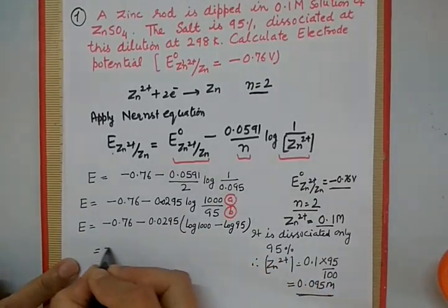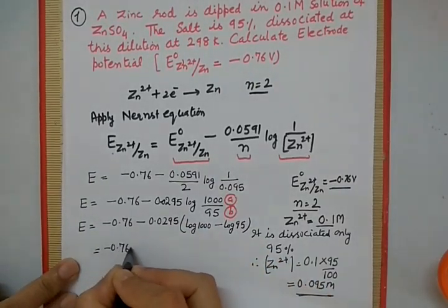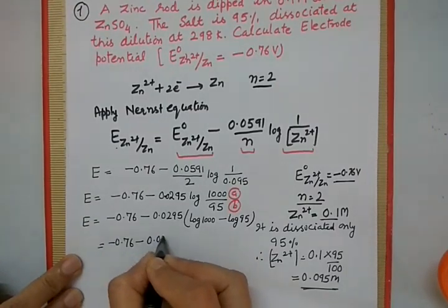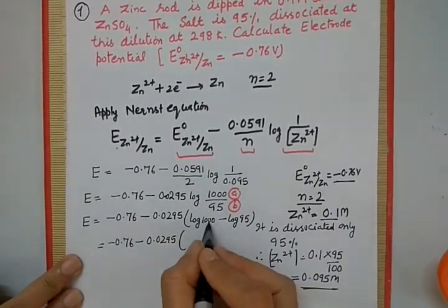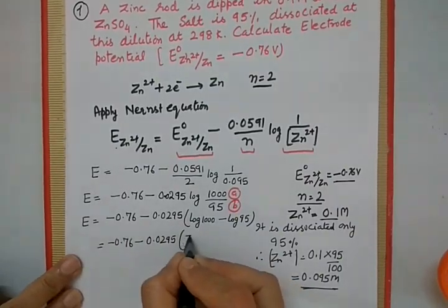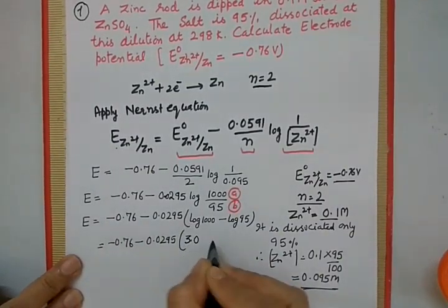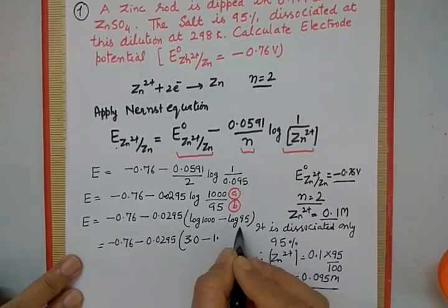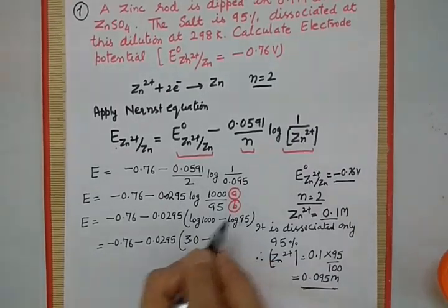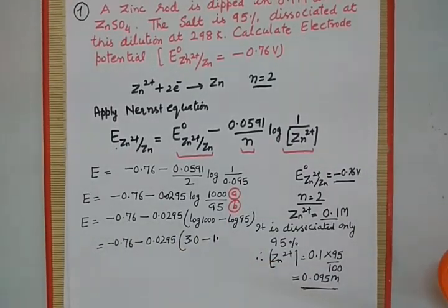So it is minus 0.76 minus 0.0295 log 1000, which has 4 digits, so the log is 3.0, minus log of 95. We will see the log of 95.